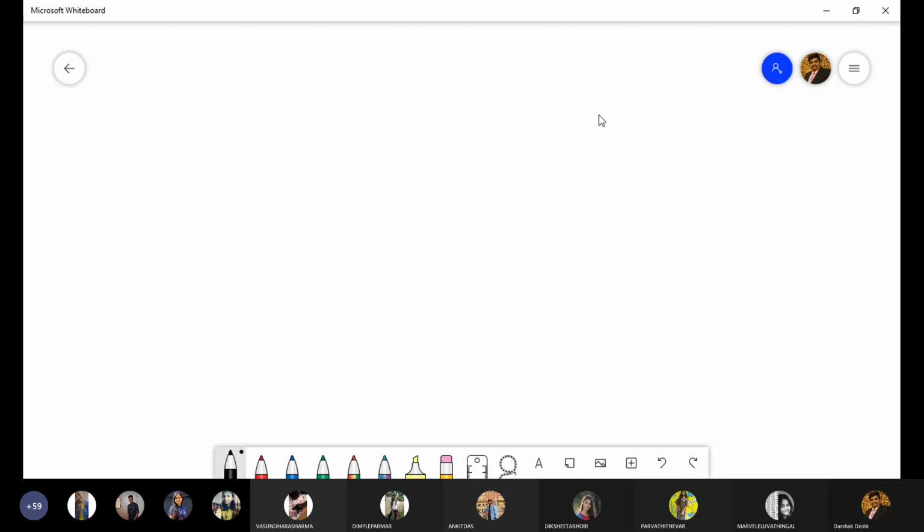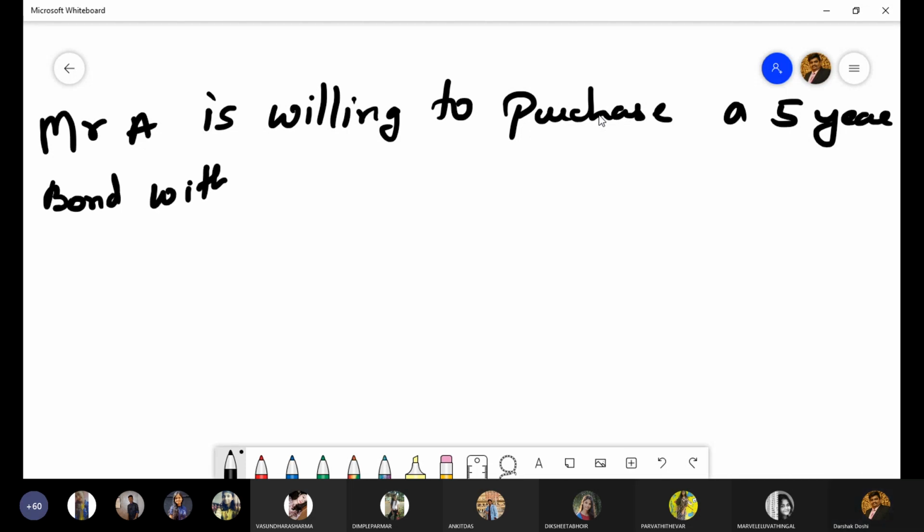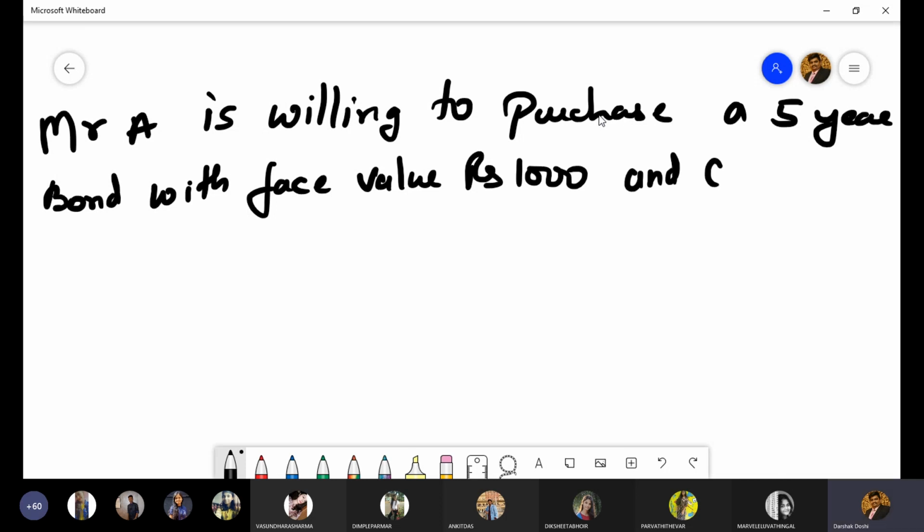Mr. A is willing to purchase a 5-year bond with face value rupees 1,000 and coupon rate 9% per annum.